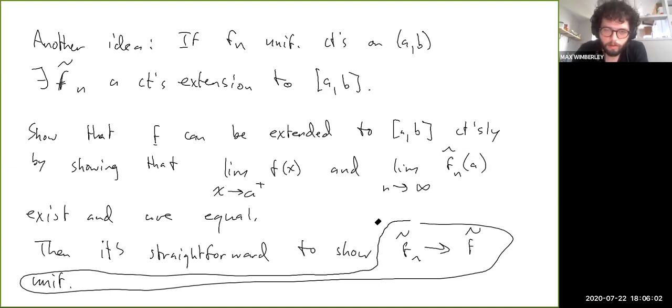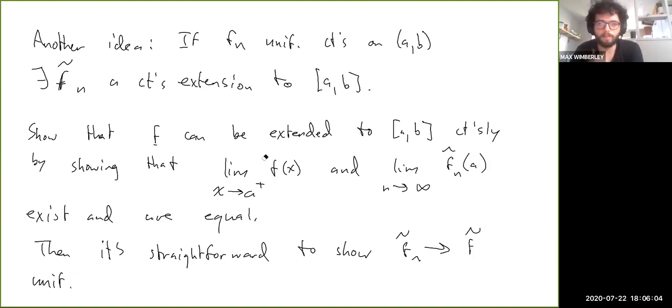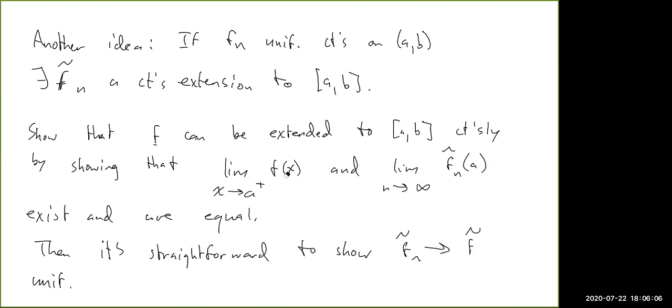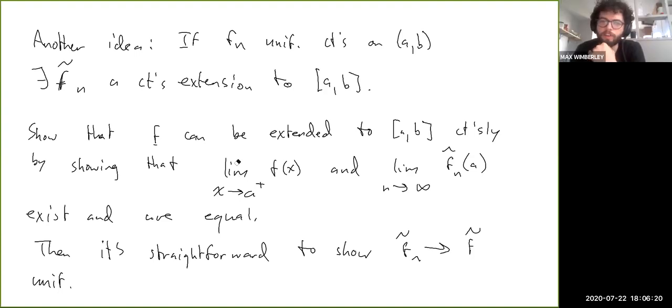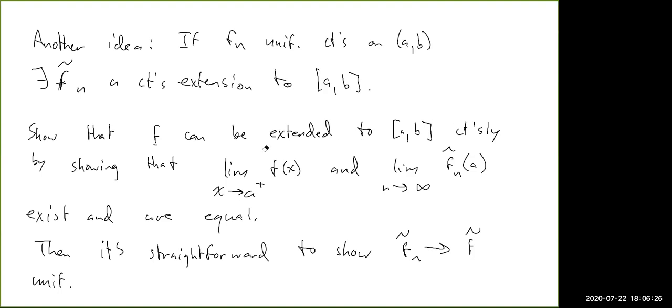Anyway, oh, can I? Sorry, go ahead. What's your idea that f can be extended continuously? That's only if f is uniformly continuous. Right, if f itself can be continuously extended, that automatically means it's uniformly continuous, right?